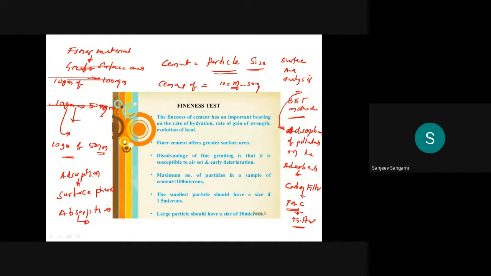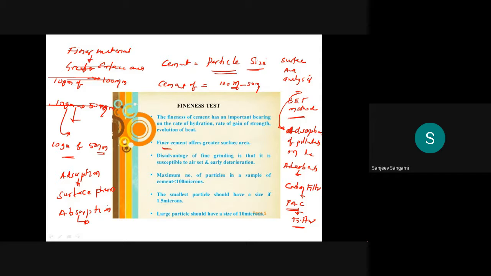Surface area is very important in the case of cement. And one more thing, the maximum number of particles in a sample of cement is less than 100 microns.